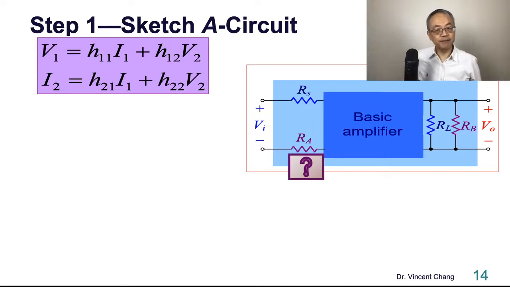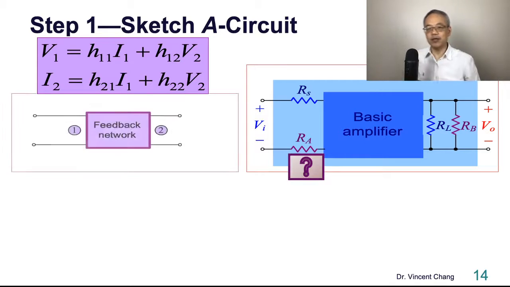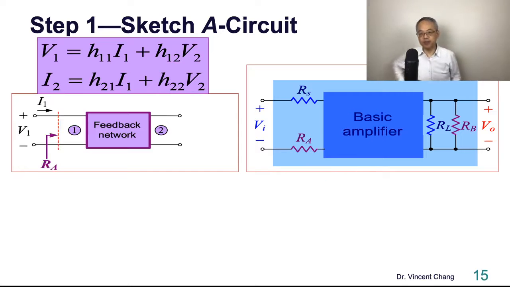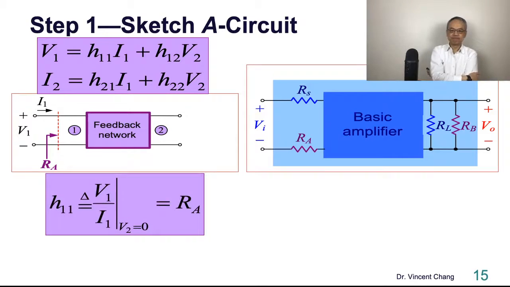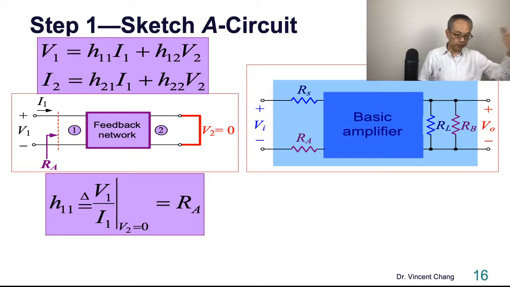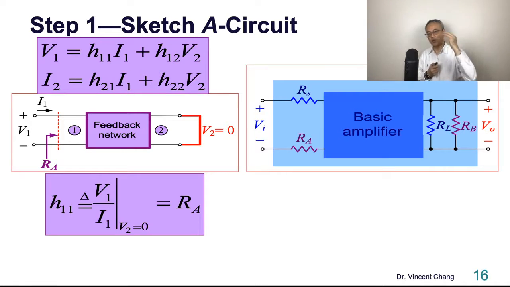What is RA? It's defined by the h11. What is h11? h11 is defined by V1, look at the equation, divided by I1 and set V2 to 0. What do we mean by V2 is 0? You have to short circuit the output of the feedback network. Pay attention to what I emphasize.